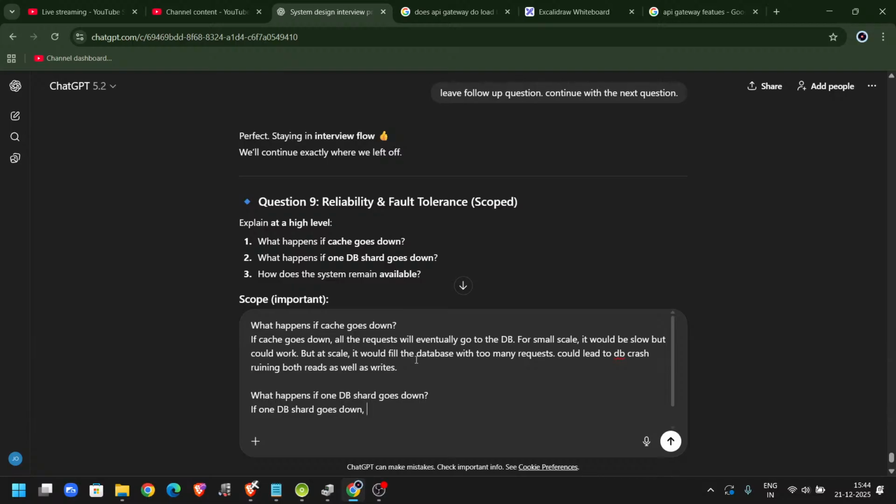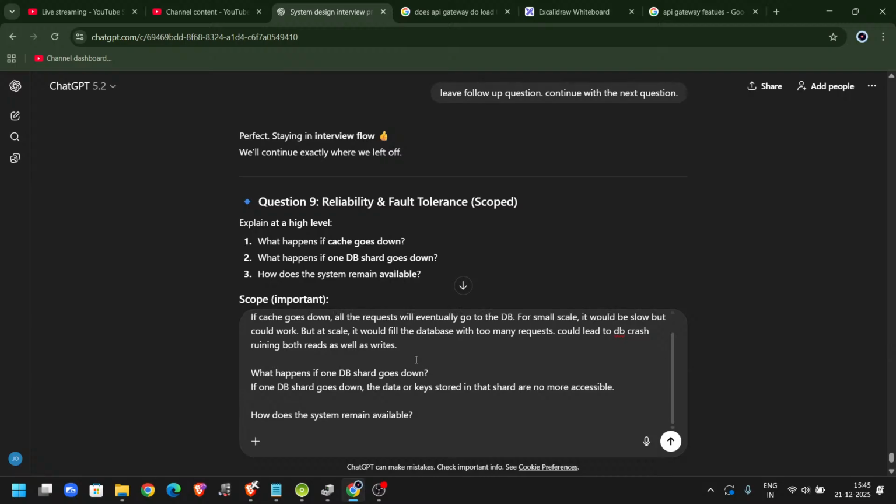If one DB shard goes down, the data or keys stored in that shard are no longer accessible. This causes system unavailability.